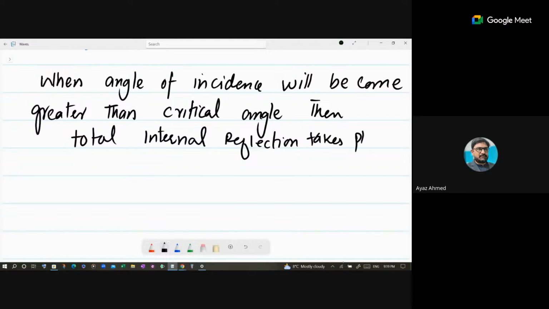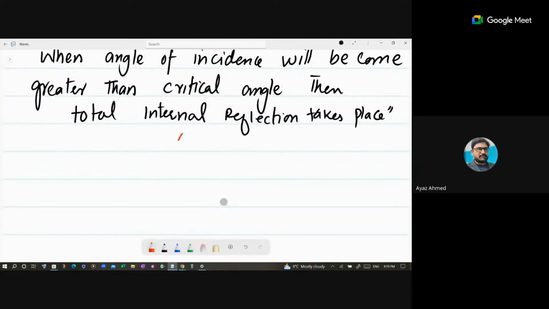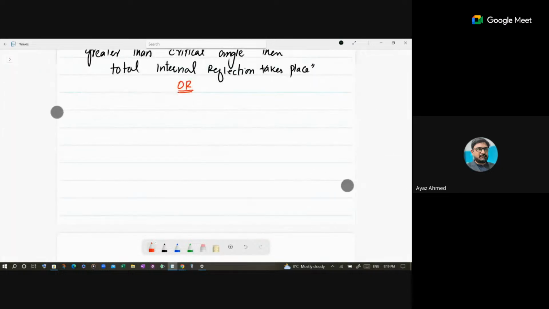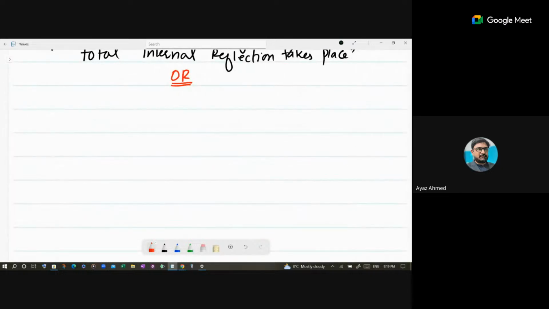So if I explain it in another way, I will write this: if a light leaves the glass at an angle greater than the critical angle, then it will not leave it, rather it will come back.